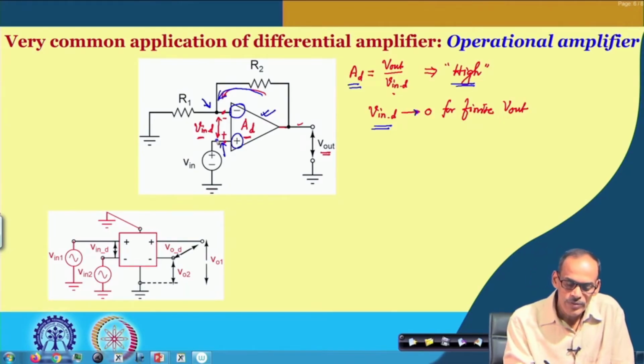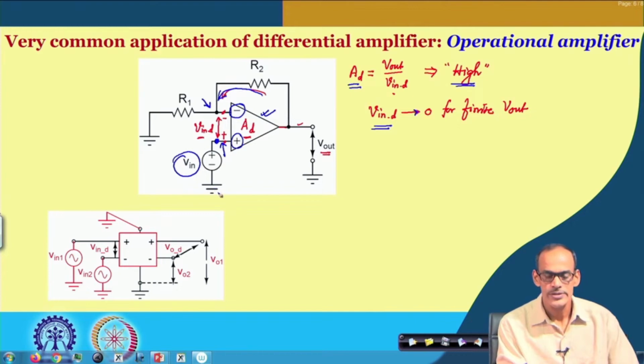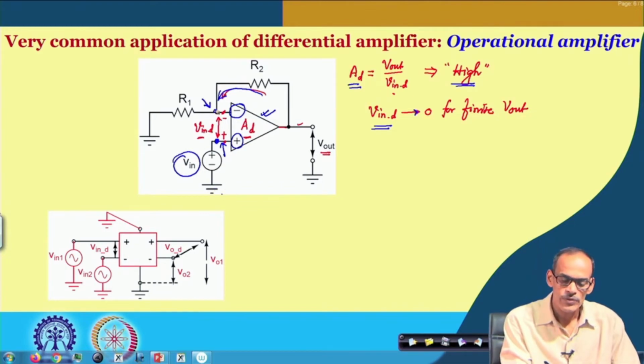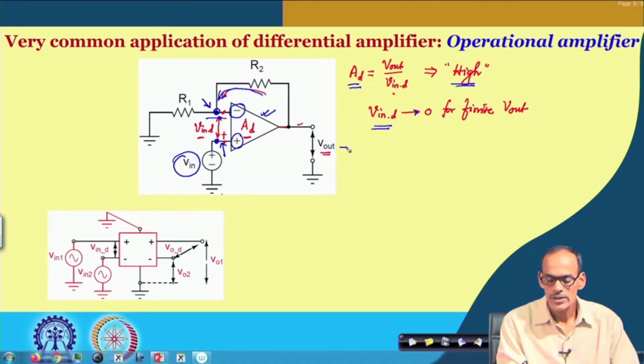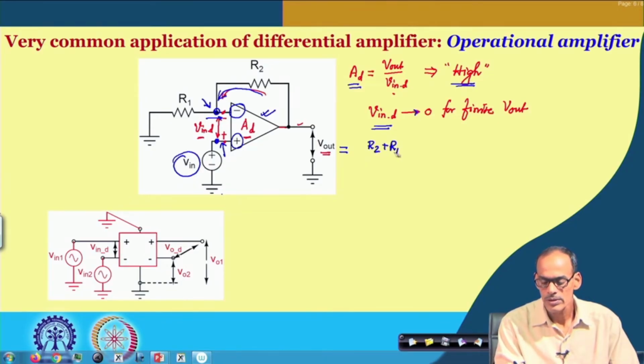So, if the voltage here is controlled by this V in, and also if I consider the input current to be 0, from that we can say that V out is equal to (R 2 plus R 1) divided by R 1 into V in.